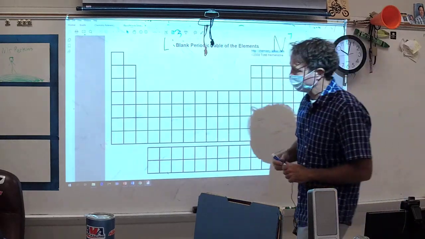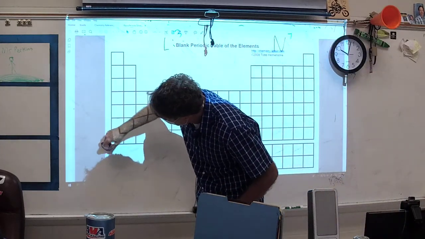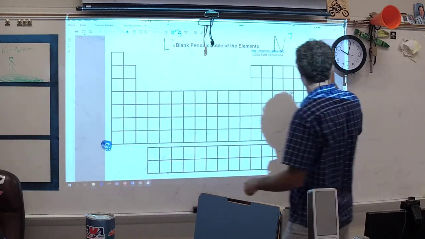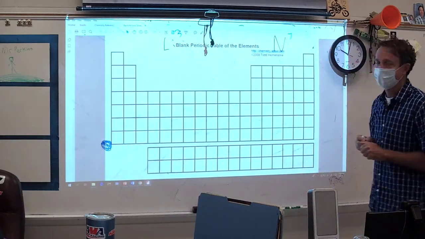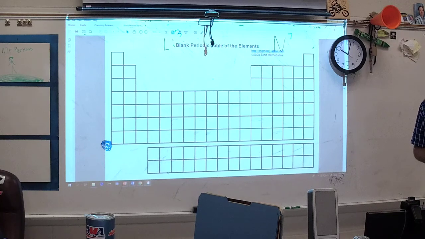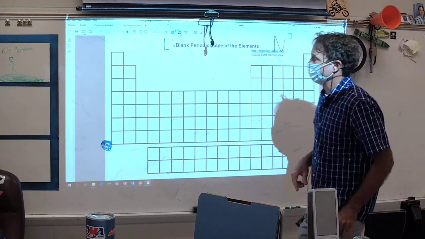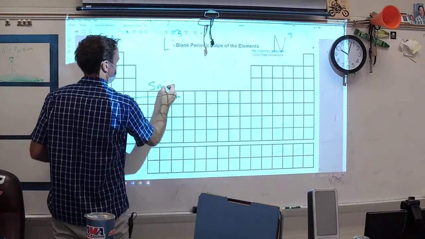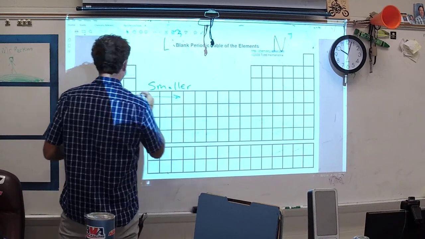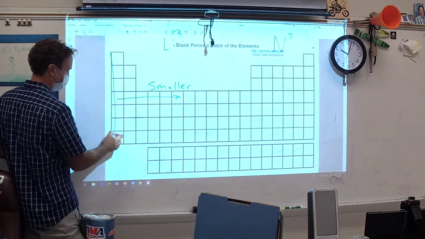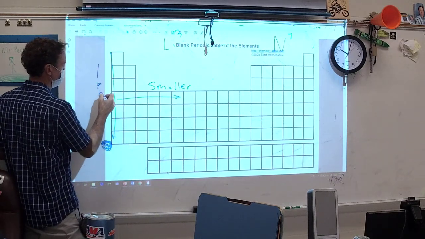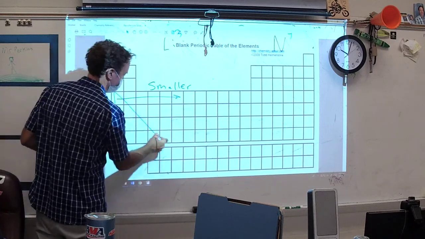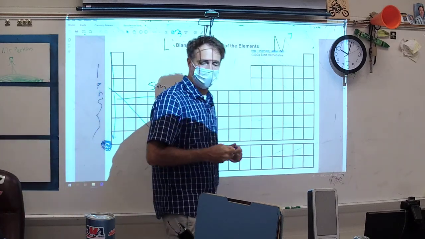That's all you need to do. If you just make a big dot here and a small dot here, then that'll explain everything to you. Does that make sense? Atoms get smaller as they go from left to right, and they get larger as you go from top to bottom. And that creates a diagonal rule as well. The end.